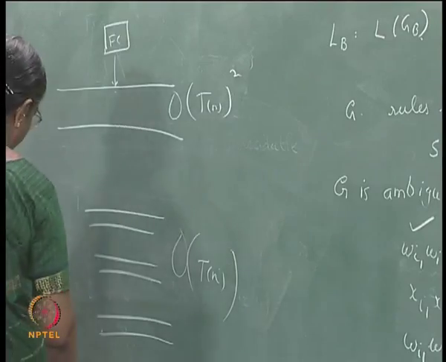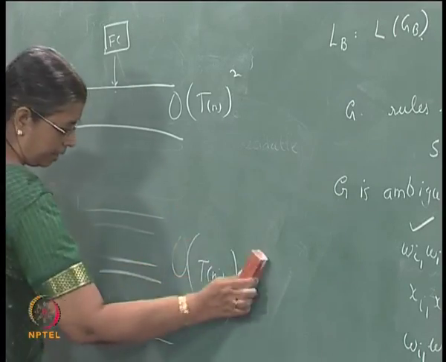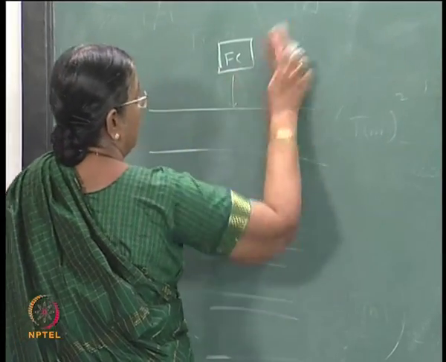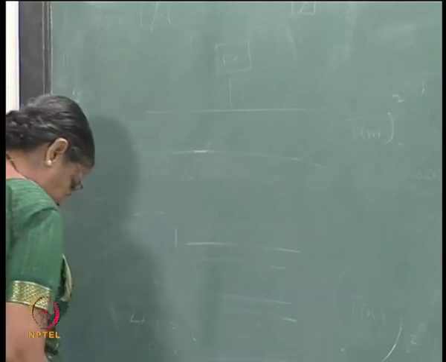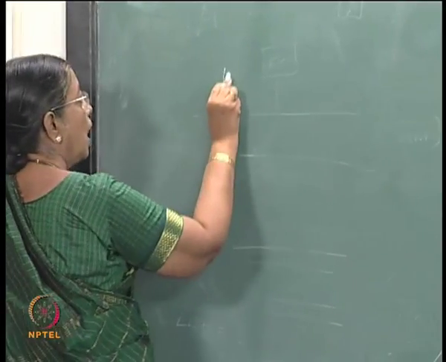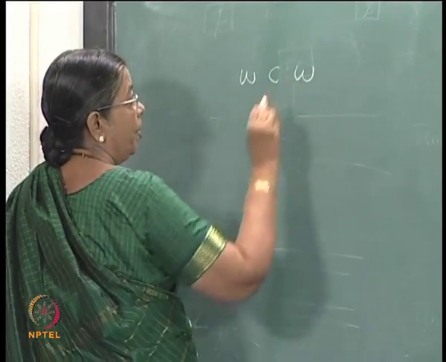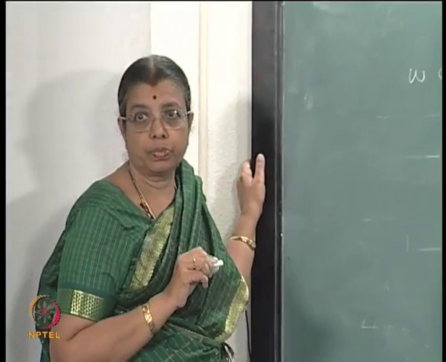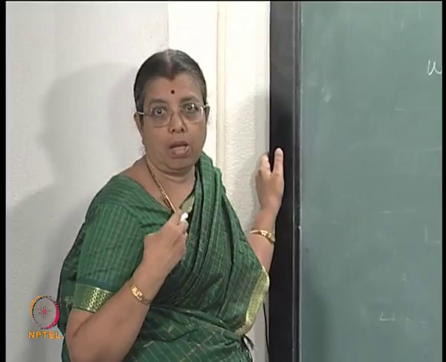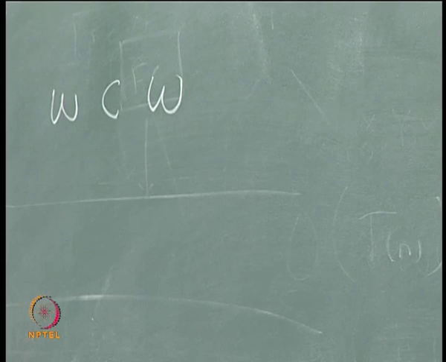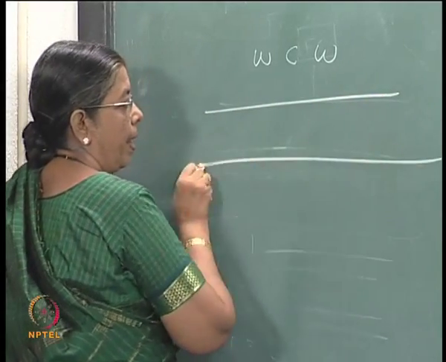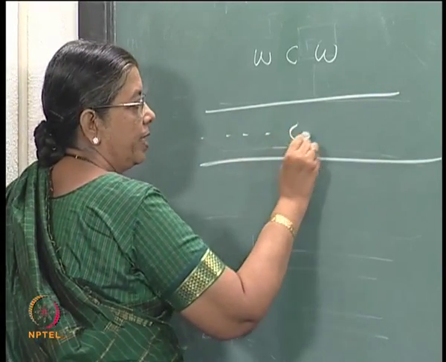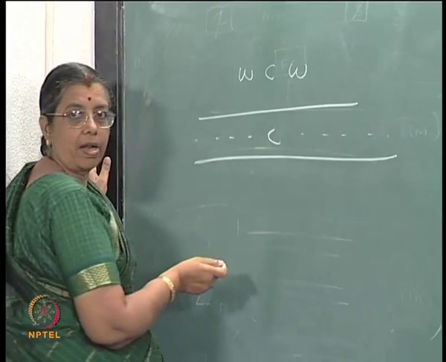For example, I want to accept WCW. How will you accept WCW in a single tape? W is here, C is here, W is here.